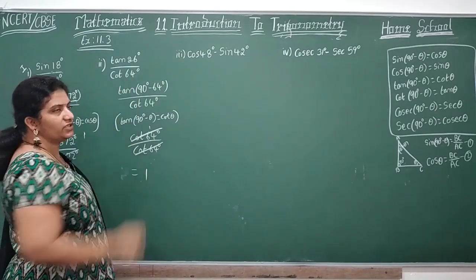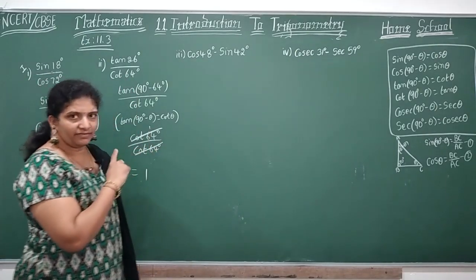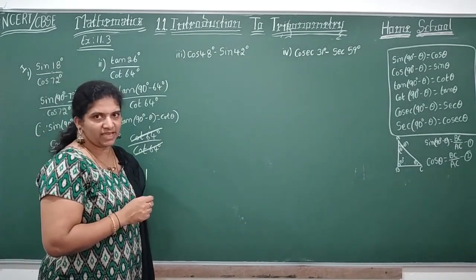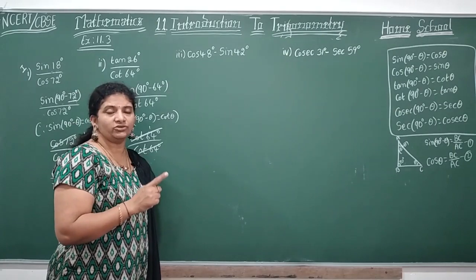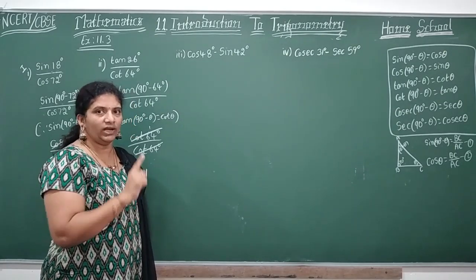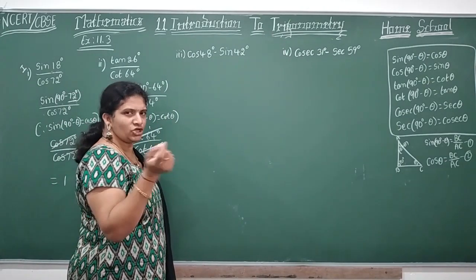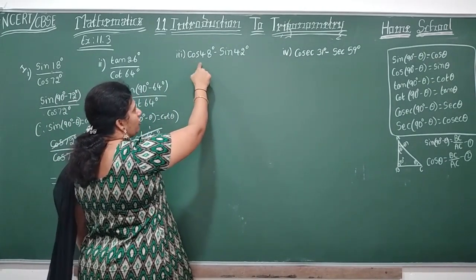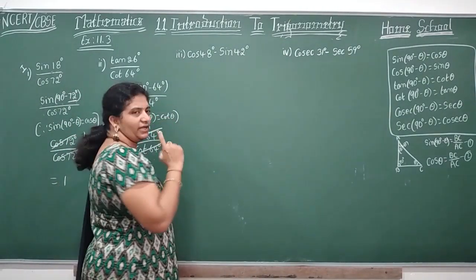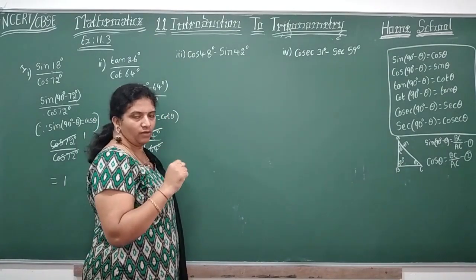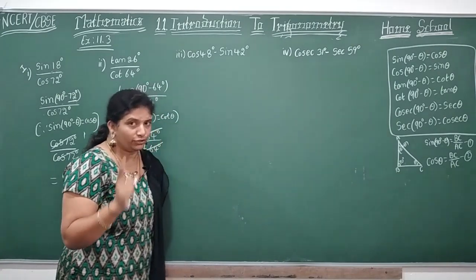Okay. Shift to the third problem. Division there, subtraction here. Subtraction also in the same manner, but never try to change two terms at a time. Only one you have to change, or you can choose any one, children. That is your choice. So let me take cos 48. How could you get cos 48 here? 90 minus 48 you do. How much are you going to get? 42, right?